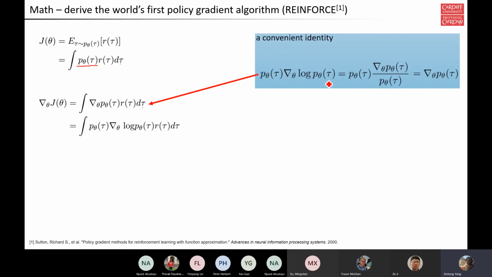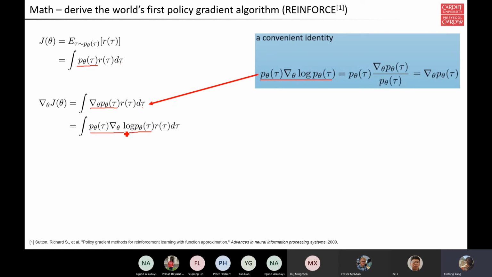So here's a convenient identity, which you've probably seen before in some textbook. All right. So you take the logarithm of a distribution and multiply it with the distribution itself and take the gradient. It equals the gradient of the distribution itself. And we just plug it into this equation, right? We substitute this gradient part with this quantity here. So we get this part here.